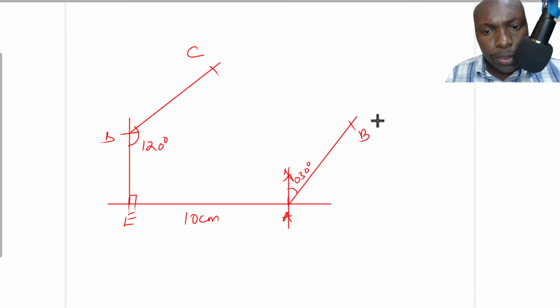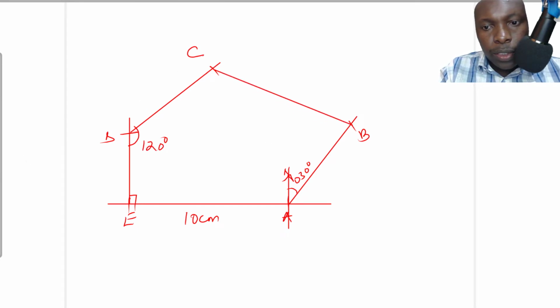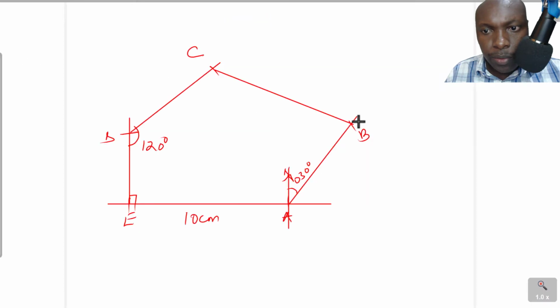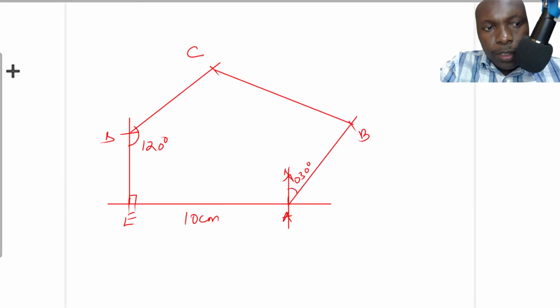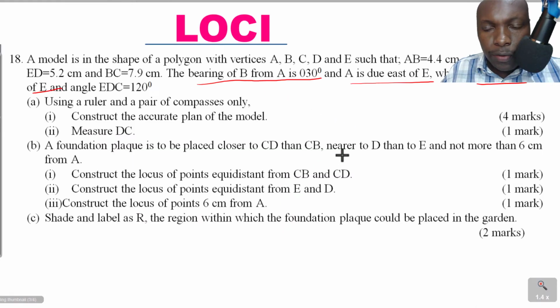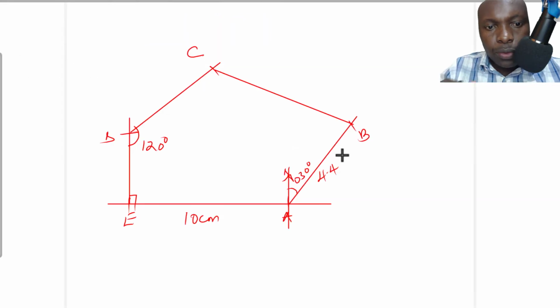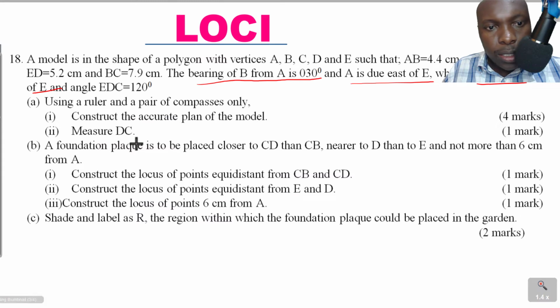Now we have all the positions. We have A, we have B, and you can join these and join to C to make the polygon. Now we can give the measurements. AB is 4.4 centimeters. AE is 10 centimeters. ED is 5.2 centimeters.